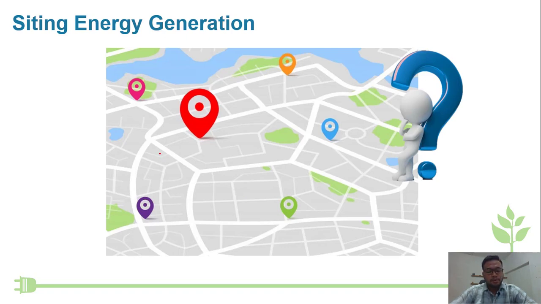But one of the critical steps in establishing energy generation from municipal solid waste is choosing a suitable location by considering various factors. So we don't know where the suitable location for energy generation is. Maybe here, here, or here.